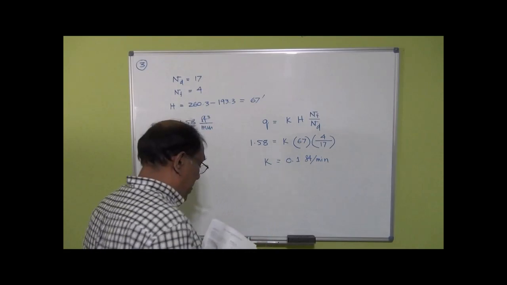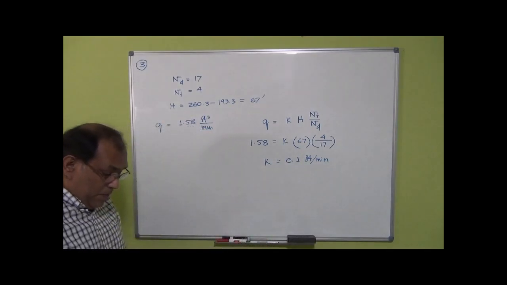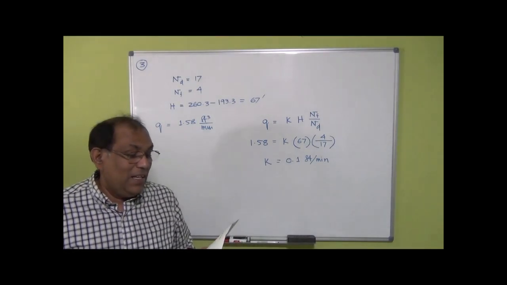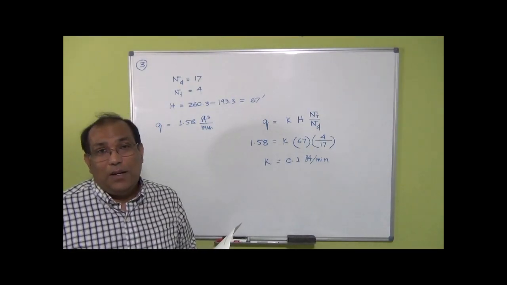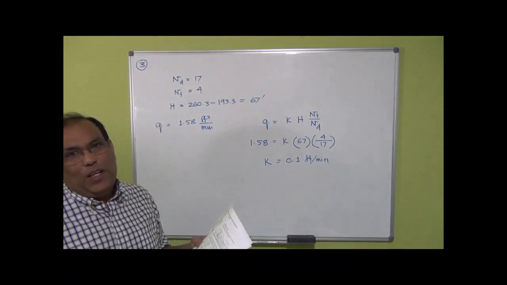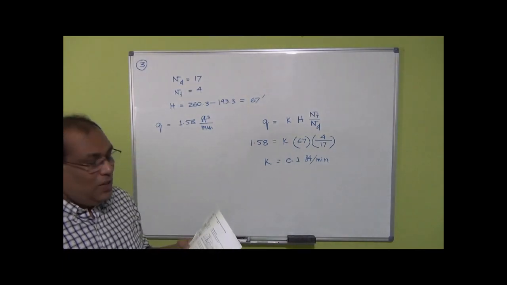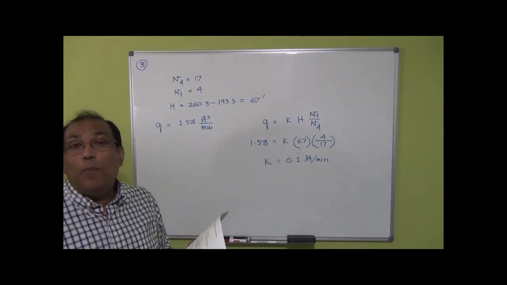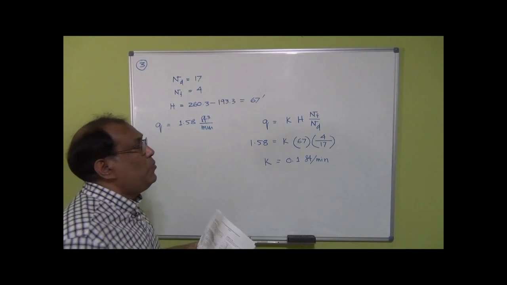Okay. Now number 4 is asking for the pore water pressure at point A. So we have to count how much drop is occurring there. At point A, the number of drops would be 3.